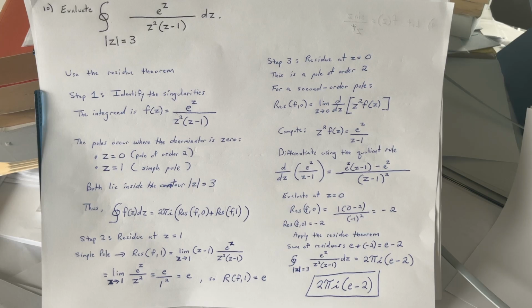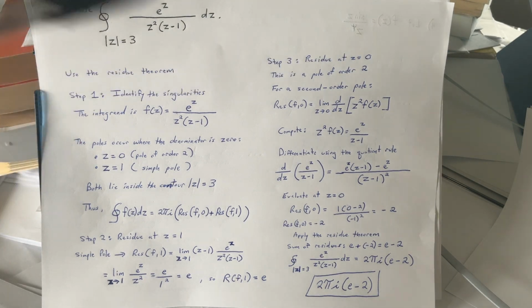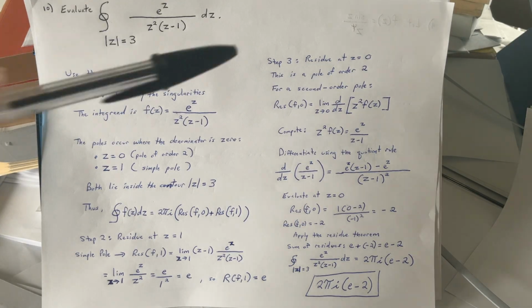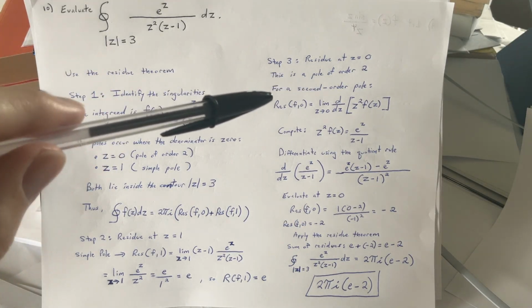Now from there, step 3: the residue at z equals 0. This is a pole of order 2.